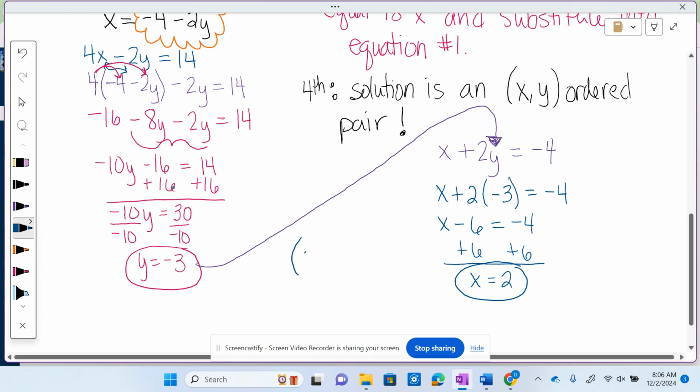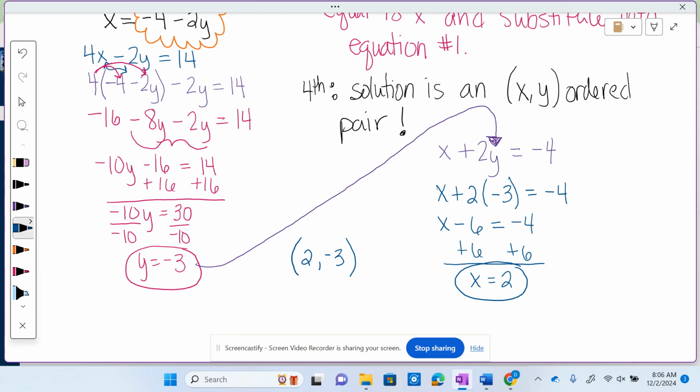In parentheses, 2 comma negative 3. How do we feel about that? Okay. Can we practice one more?